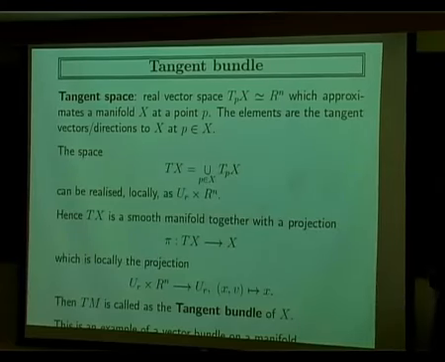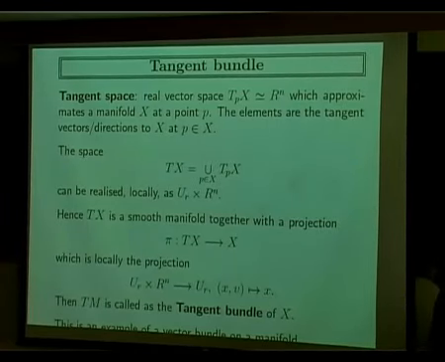So to define tangent bundle, which generalizes to the notion of vector bundles, let us start with the notion of tangent space. As we saw, manifolds are good topological spaces which come equipped with a covering whose open sets look like open subsets in a fixed Euclidean space.